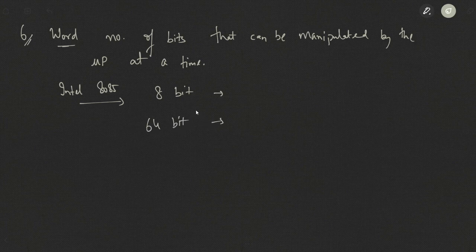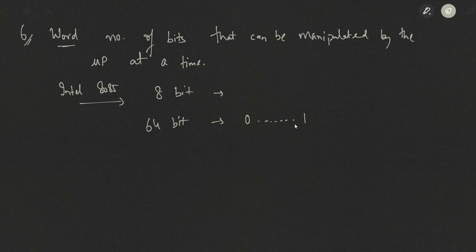Or even some of you might have 32-bit PCs. That means it can process strings of 64 zeros and ones combination at the same time. This much word length can be processed at the same time.